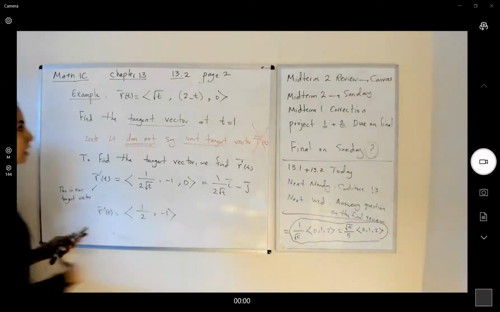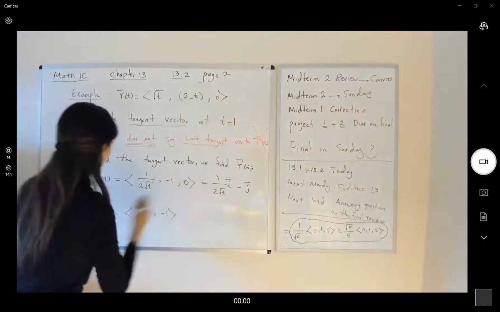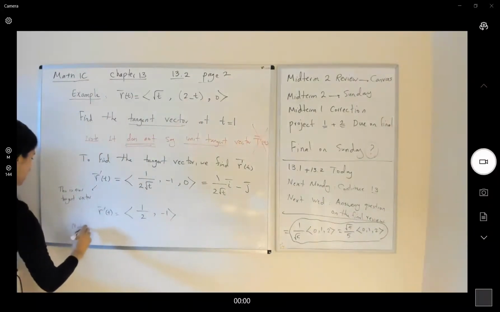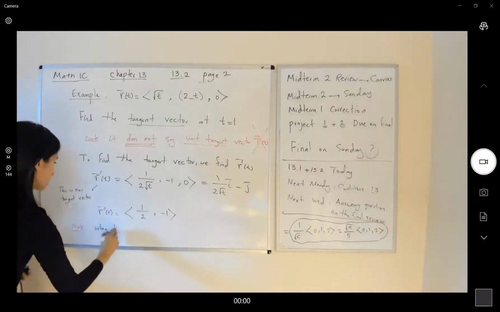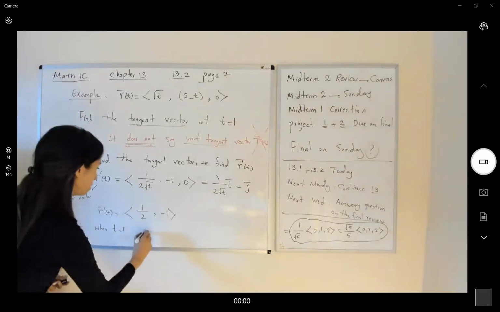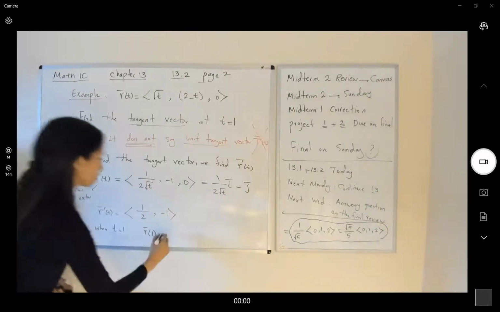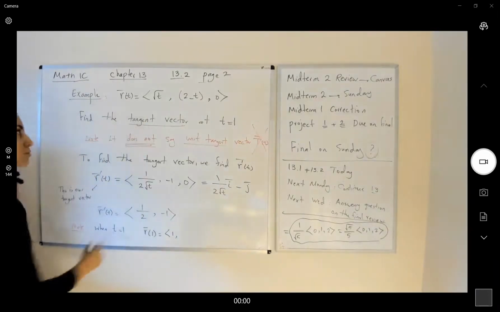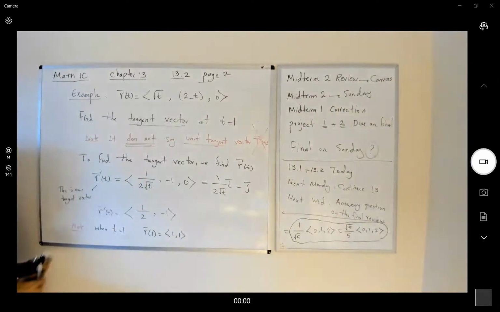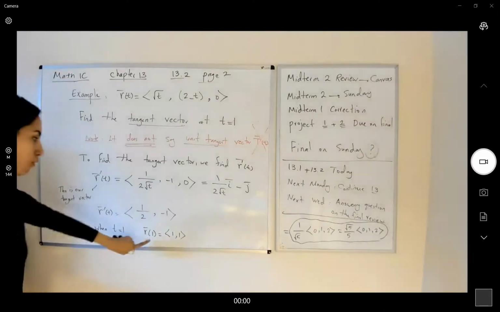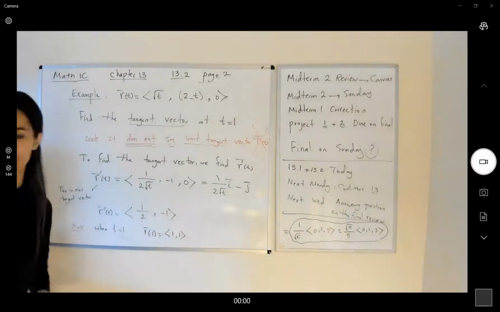Note that when t is equal to 1, the position of your vector function is square root of 1, which is 1, and 2 minus 1, which is 1. So 1 and 1. Your tangent vector is a half and negative 1.